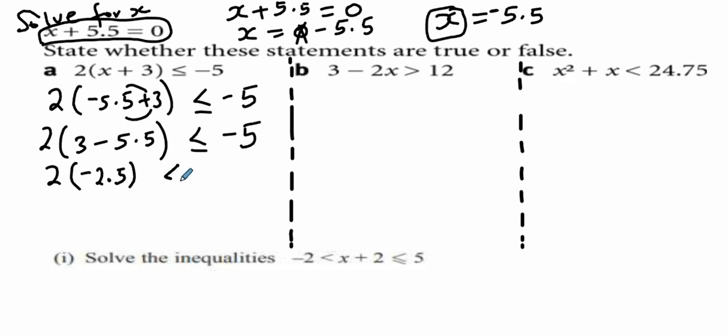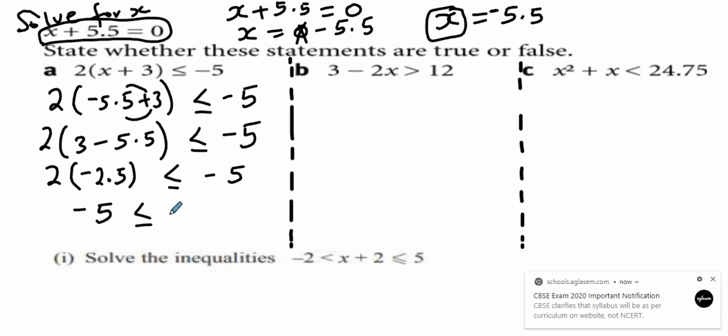Now, is this going to be less than or equal to negative 5? We'll see. This will be 2 times negative 2.5, which is negative 5. Now, negative 5 is less than or equal to negative 5. This is true, because less than or equal to has two English words.